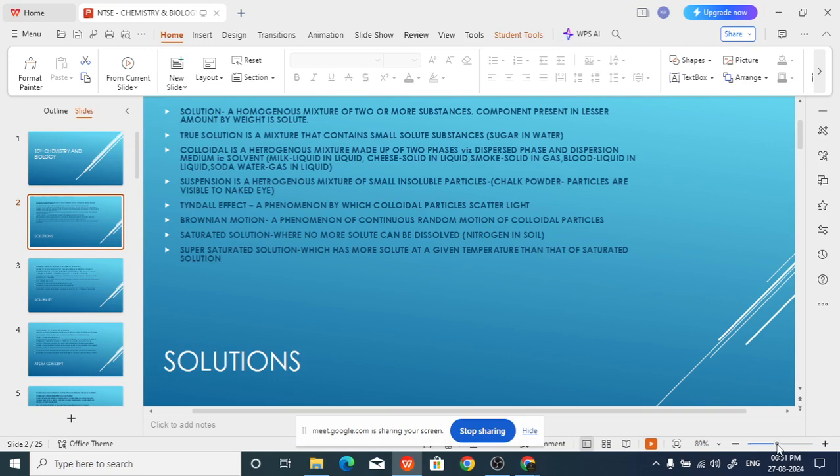So, okay, solution. What is meant by a solution? It is a homogeneous mixture of two or more substances. Component present in lesser amount by weight is solute. So, in a solution, it is a mixture of two or more substances. One substance is called a solute, the other substance is called solvent.